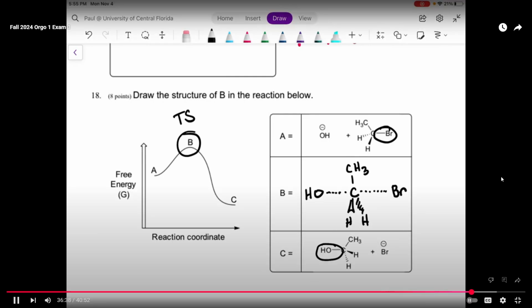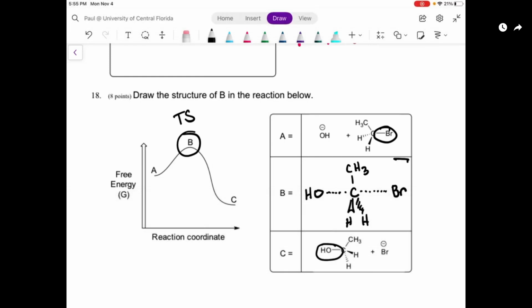And because this is a transition state, we have to stick that into brackets. And then we do this double dagger symbol to illustrate the transition state. And then we also have to include the partial negatives on the nucleophile and on the leaving group.